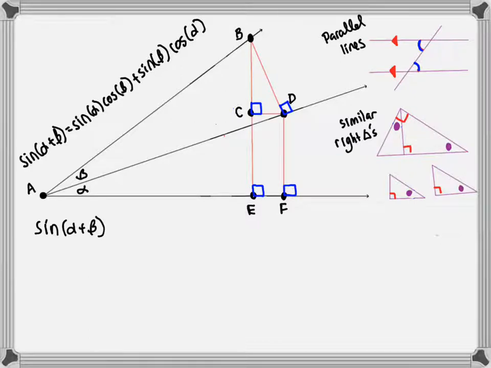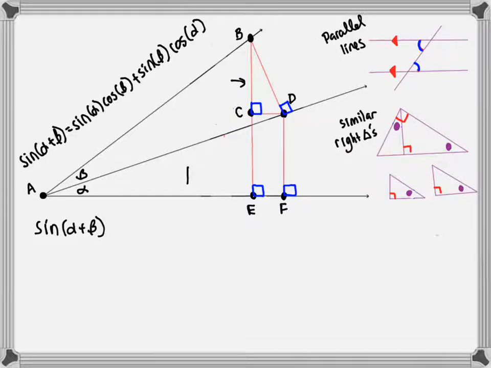and some of the side strategies that we're going to need. First of all, this line right here, BE, is going to be a perpendicular line to AE, which is down here. This line right here, DF, is also perpendicular to the ray AE, okay?